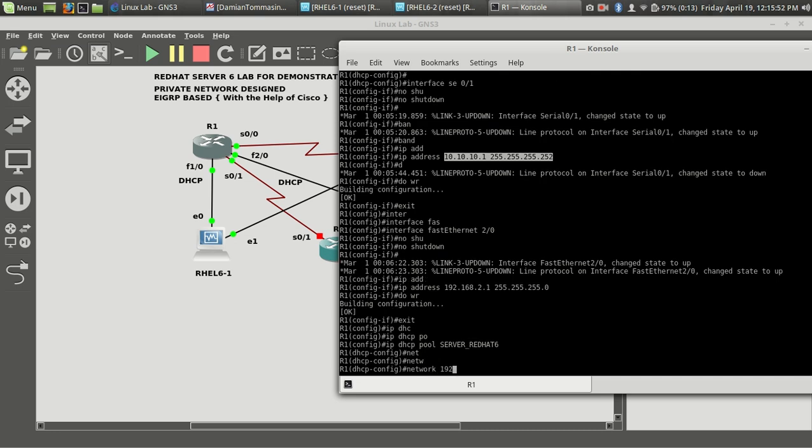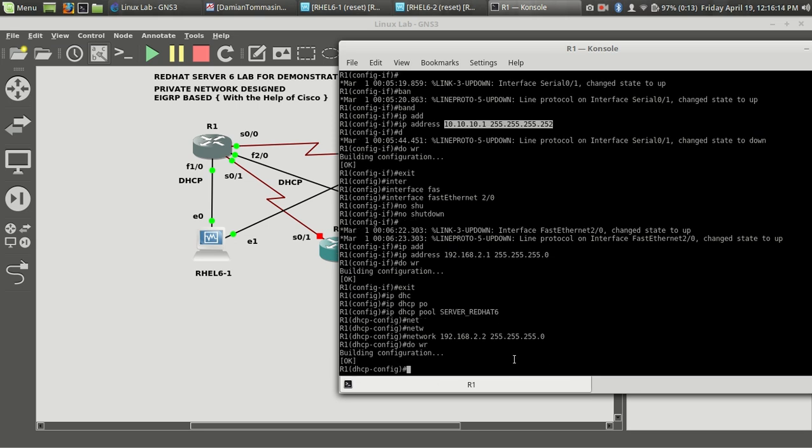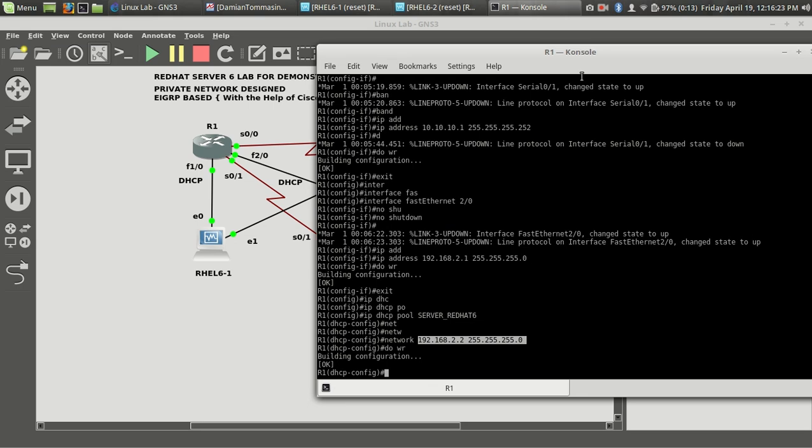I think 192.168.2.2 with mask 255.255.255.0. If you can bypass the CIDR, you can use 0. Let's try. This is a mistake I am intentionally committing, but further on we will see what will happen.